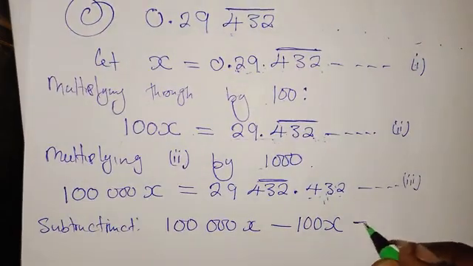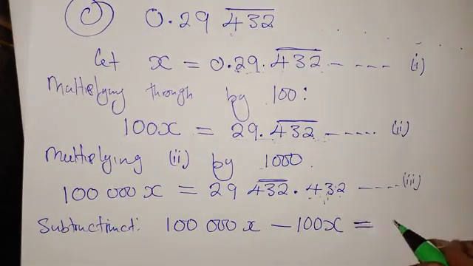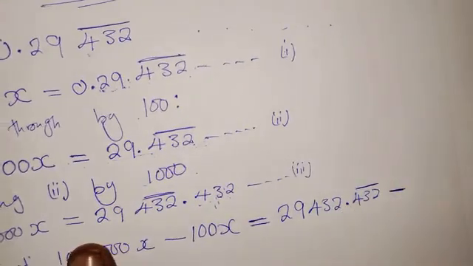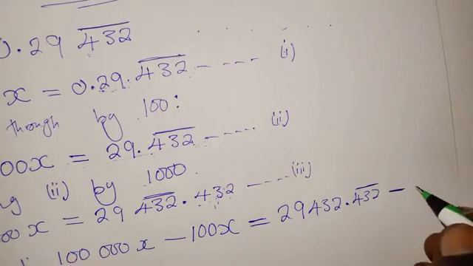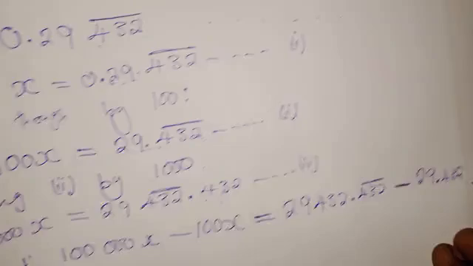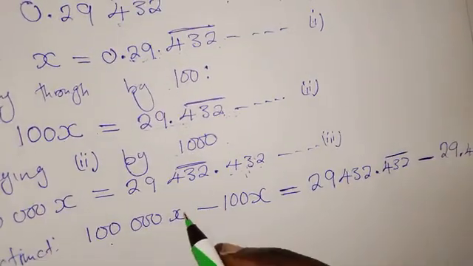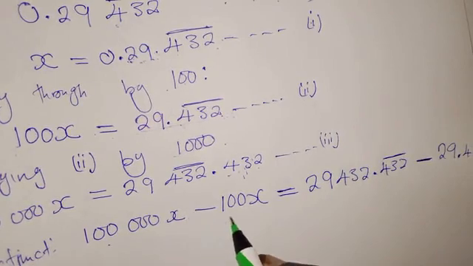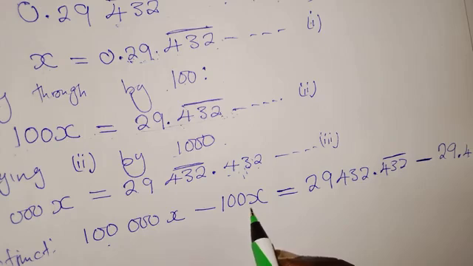So subtracting these two, I'm going to have 29,432.432, which is repeating, minus 29.432. So 100,000x minus 100x, what are we going to have?